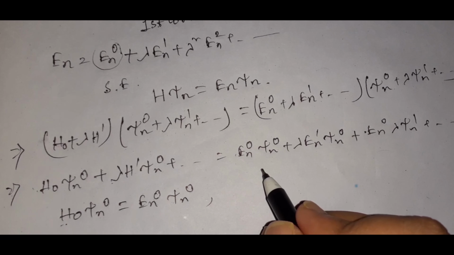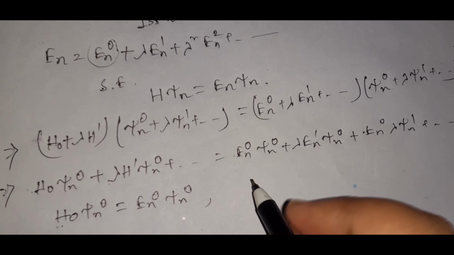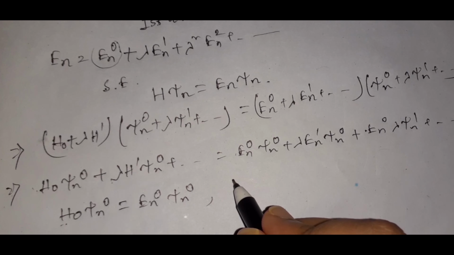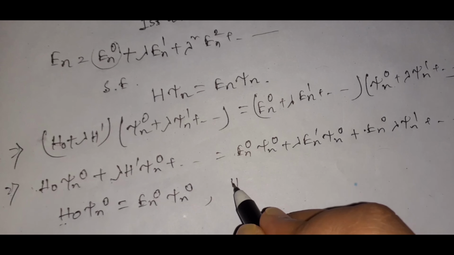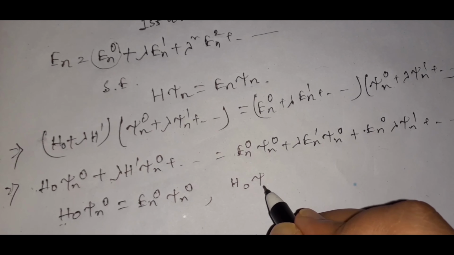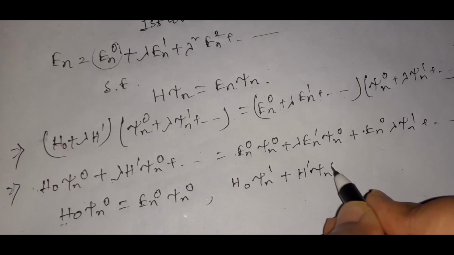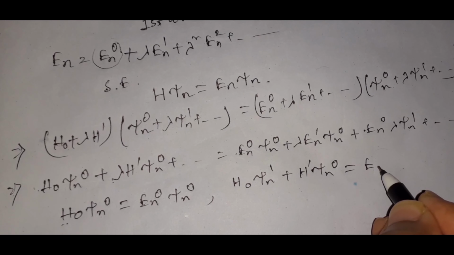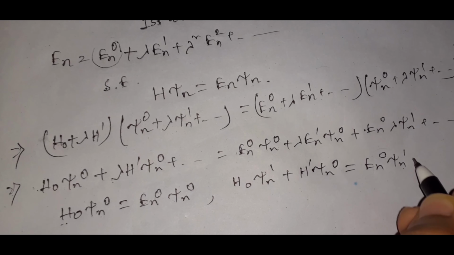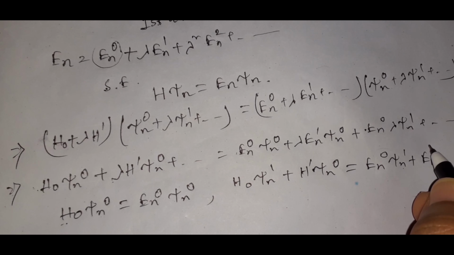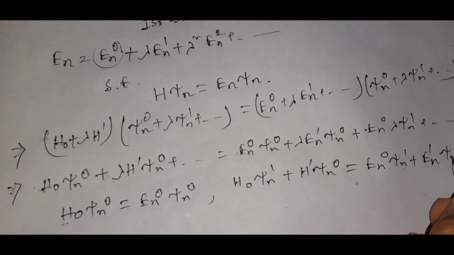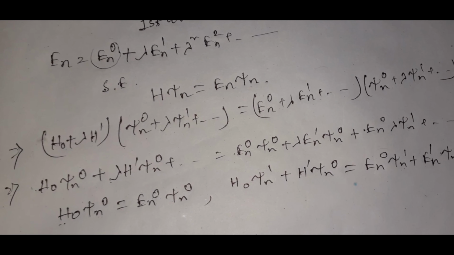Then if we equate for lambda to the power 1, we get H naught psi n1 plus H prime psi n0 equal to En0 psi n1 plus En1 psi n0.